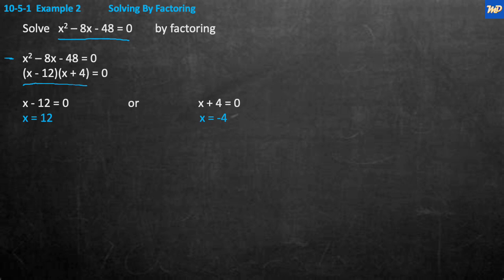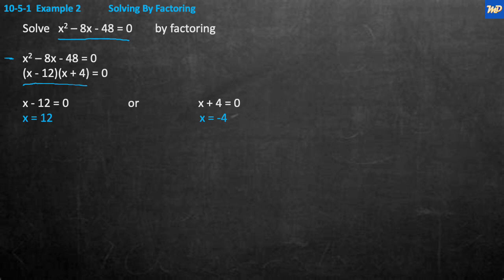And according to the rule, since the b term is negative, the larger of the two factors of 48 must be the negative term, because you're going to subtract one term from the other. If you have a negative term and then add a larger positive term, you end up with a positive number. So we want the factors that will give us negative 8.